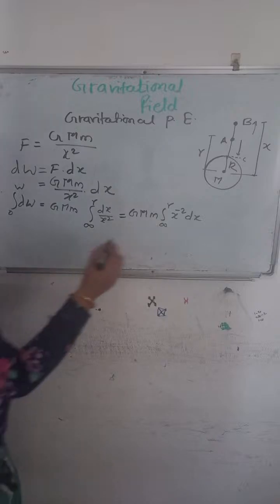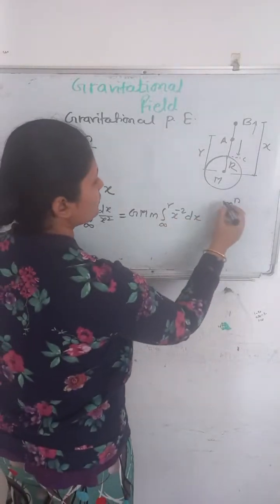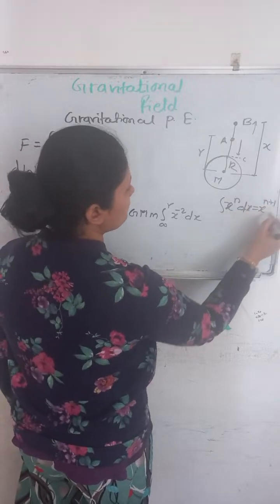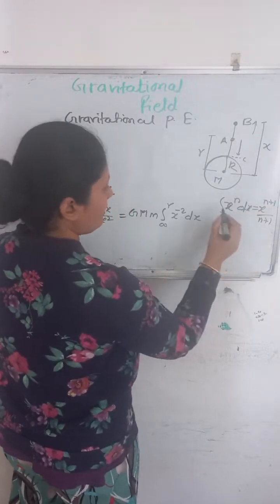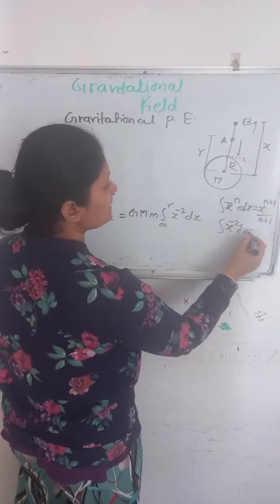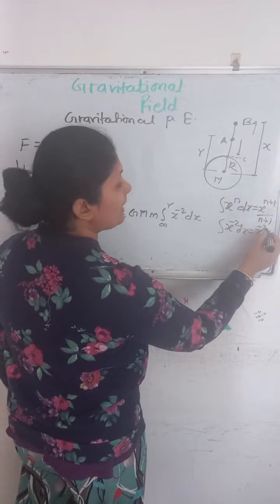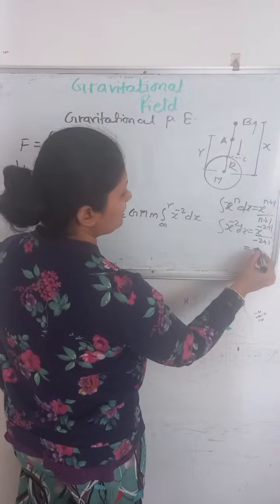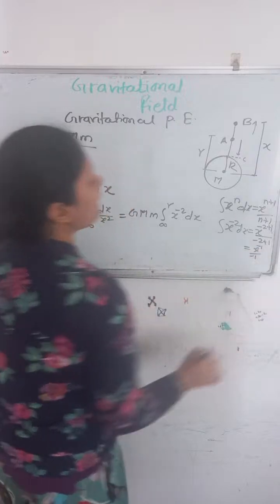So this is the formula. But in this case I have integration of x raised to minus 2 dx, which is nothing but x raised to minus 2 plus 1 upon minus 2 plus 1. That is nothing but x raised to minus 1 upon minus 1.